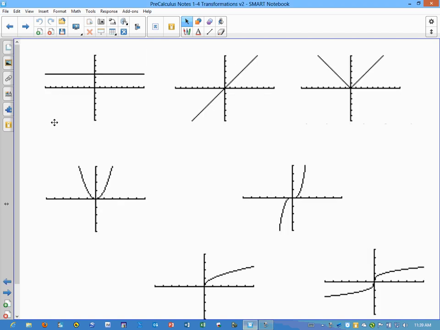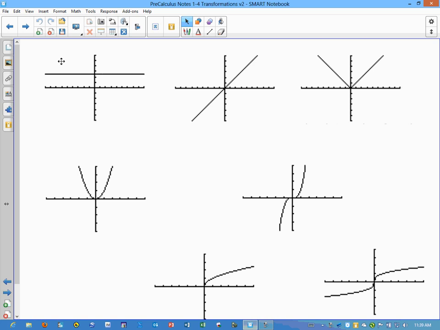So the main ones we're going to look at would be these functions. And for the first one here, notice how this function stays at the same value. Remember, the height of the function is the value of the function. So this value does remain constant. That value doesn't change. No matter what the input is, the output is the same value.